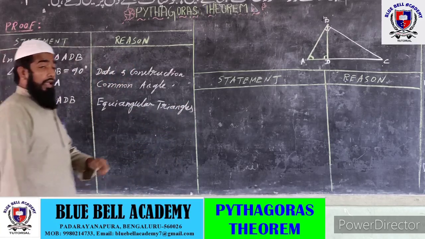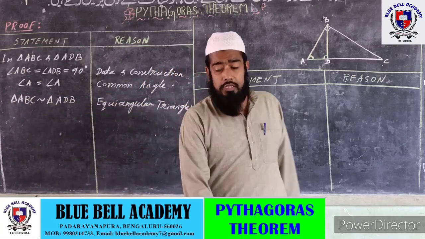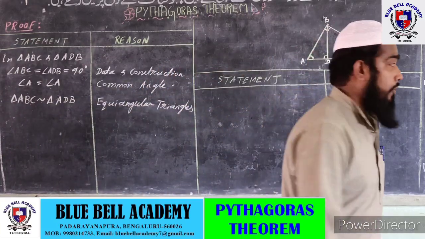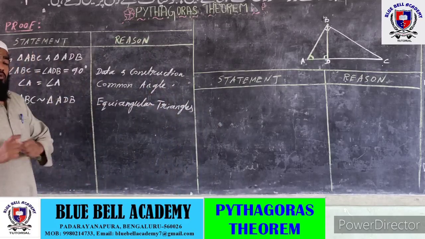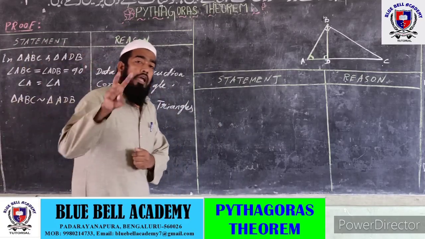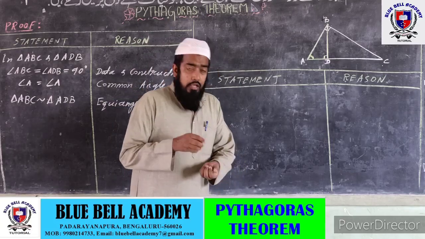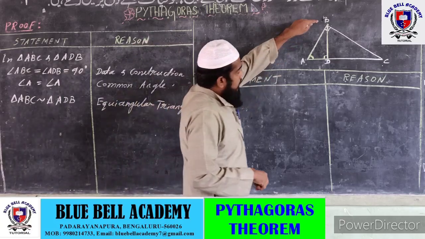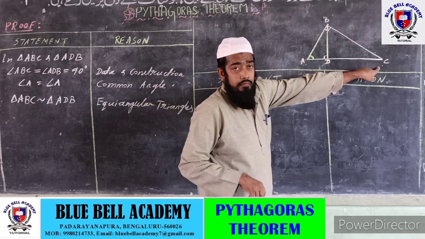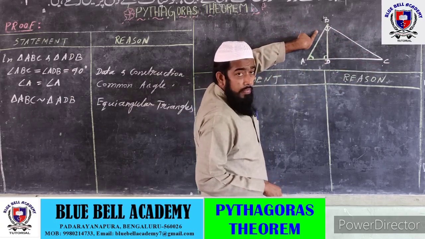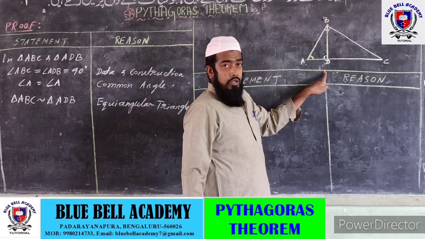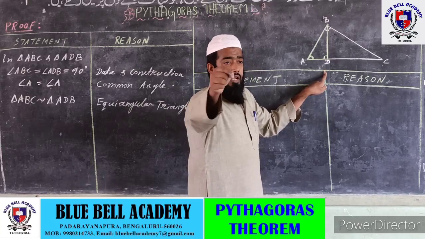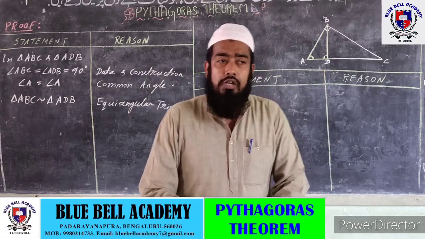So if the triangles are similar, we know that in similar triangles the ratios of the corresponding sides are equal. So based on that, we have to take the ratios of any two corresponding sides. From this triangle ABC, this AB corresponds to AD. Then there is a trick for average learner or slow learner students.